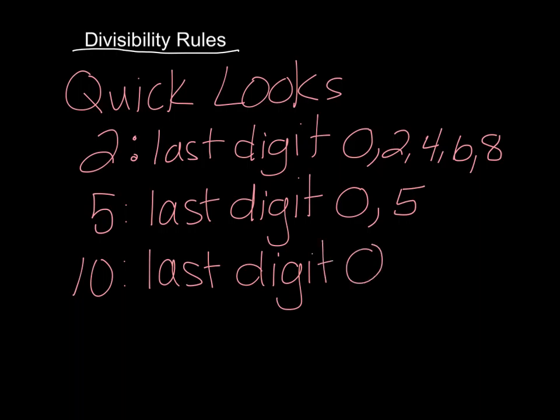And as you can see, these quick looks are all kind of related, because anything divisible by 5, if it ends in a 0, is divisible by 2. Anything divisible by 10 is also divisible by 2 because it ends in a 0. Let's take a look at a couple examples on the next page.